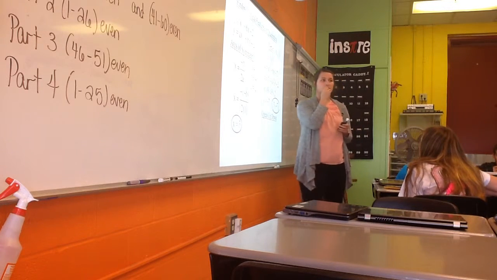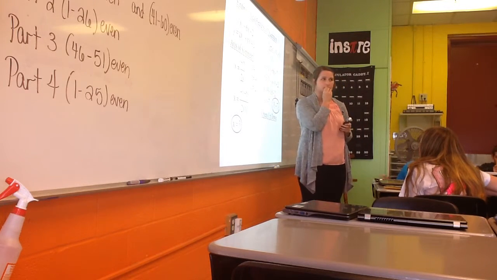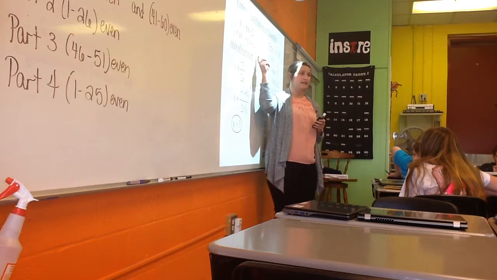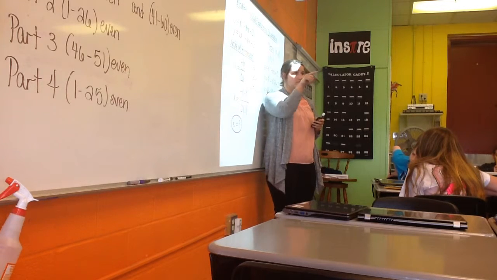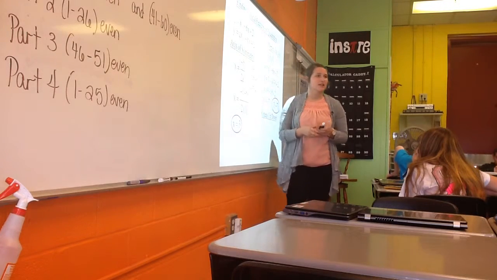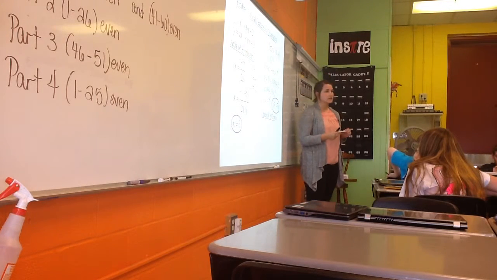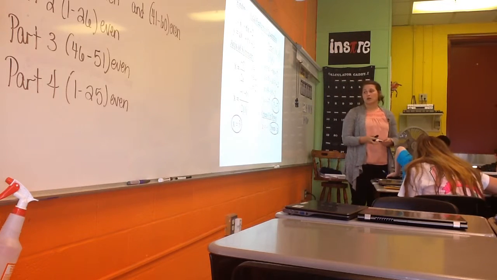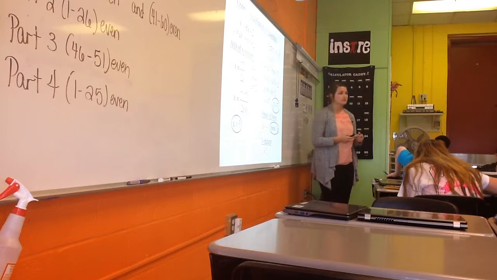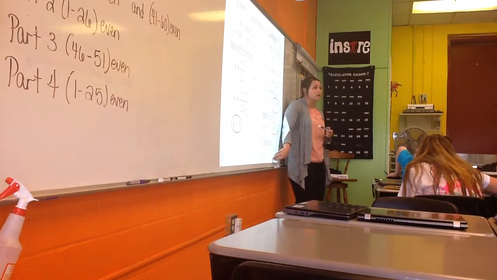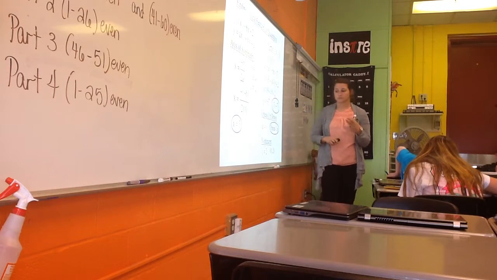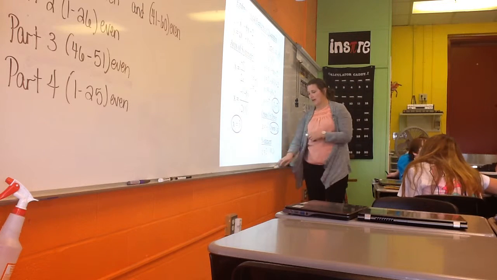My A. So is my A positive or negative? Positive, so it's going to open up. And my y-intercept, we said, is C equals 2. So what is that point? 0, 2.